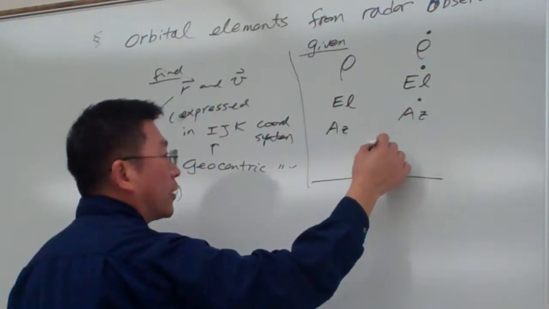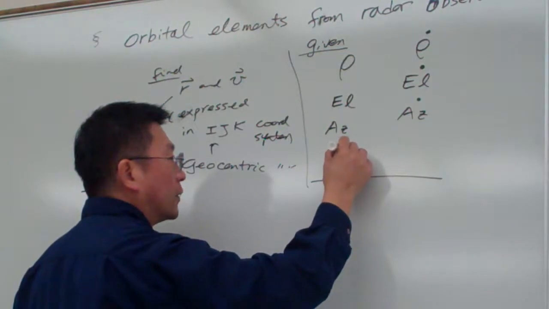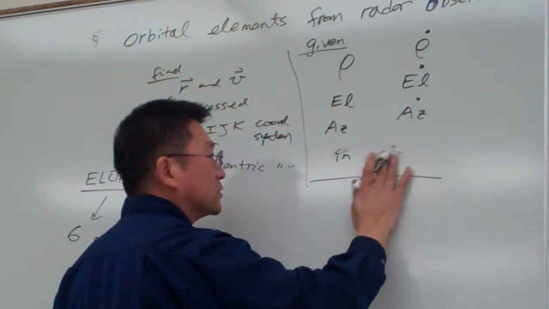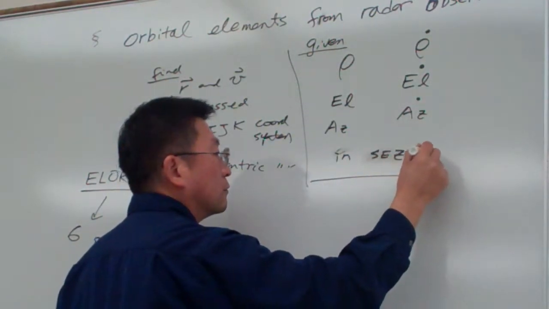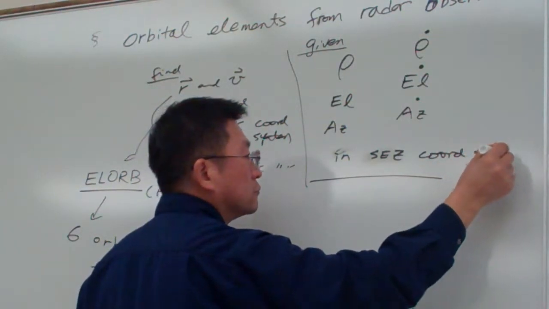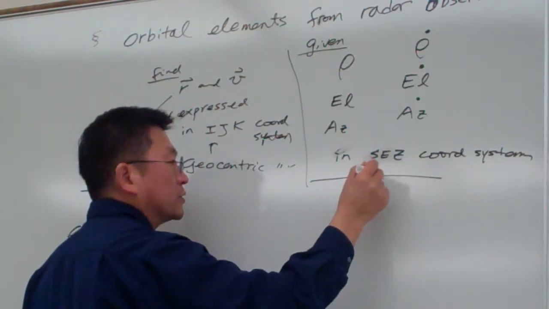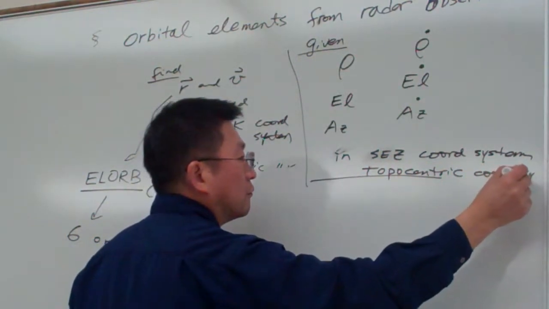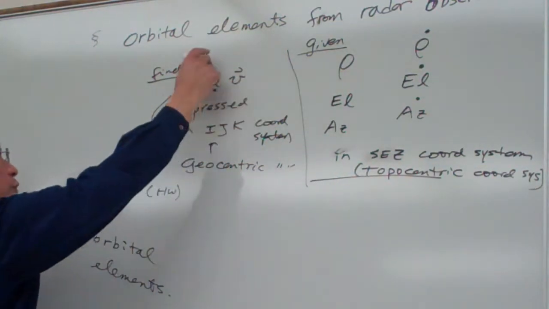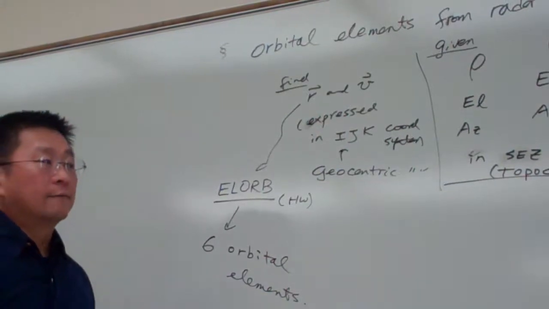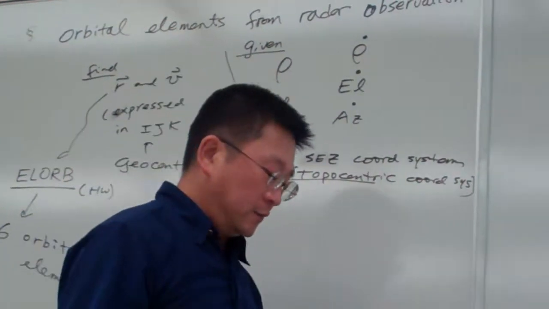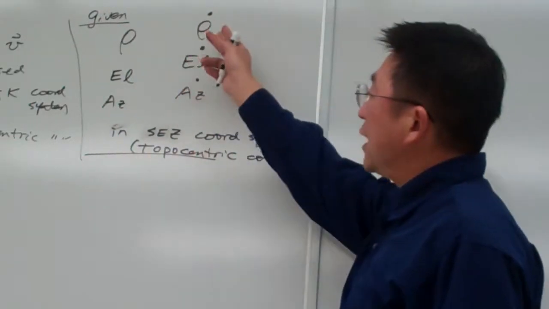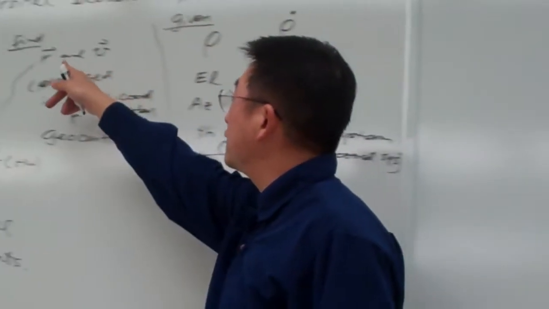Basically the radar information is most of the time given in SEZ, which we call the topocentric system. So from here to here we have to do a little bit of coordinate transformation and then do something here. Today our topic in this section is that we are given this and we're going to find this one.